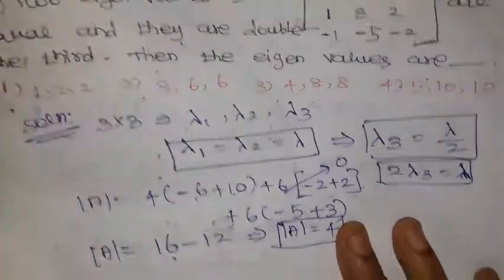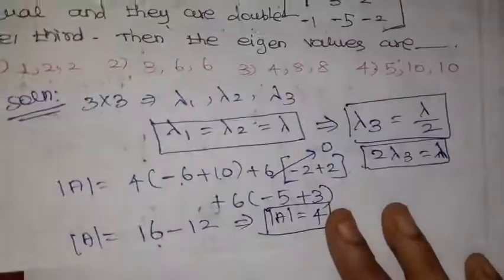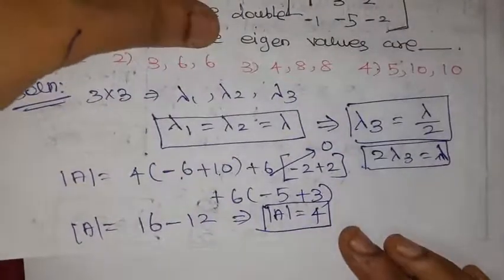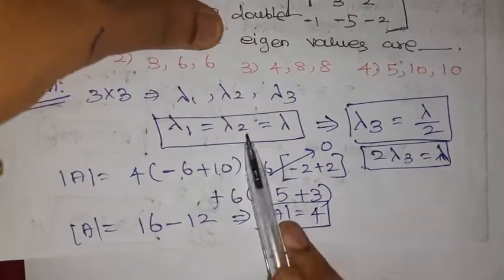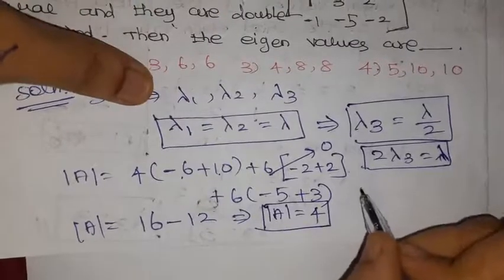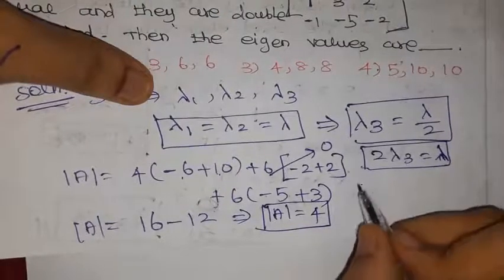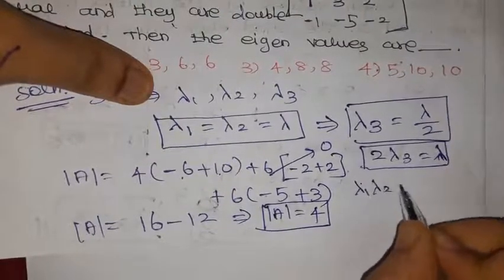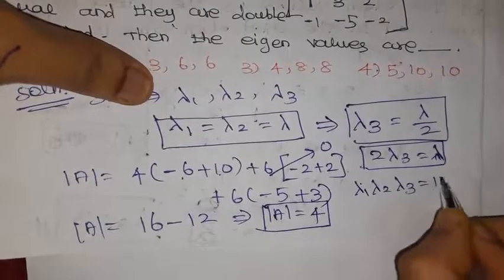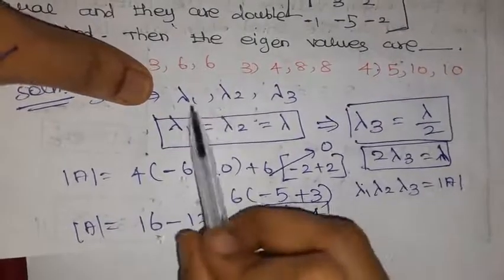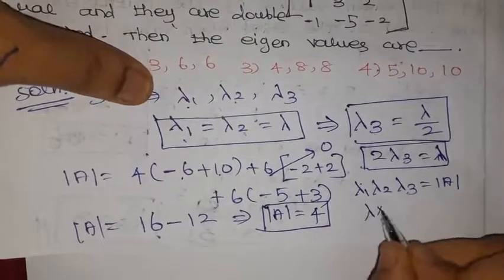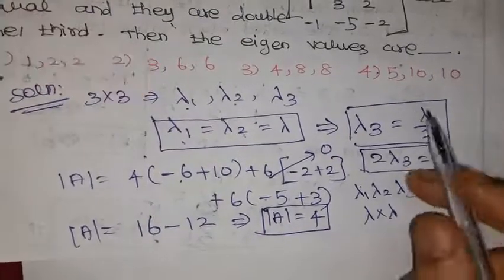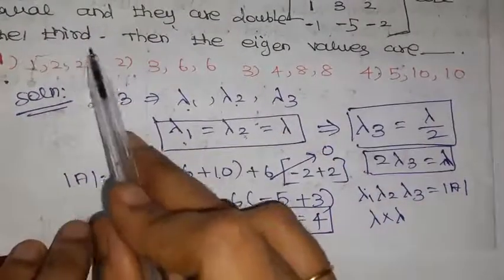We need to find out the 3 eigenvalues. Okay, what is given? We know the property of eigenvalues is that the product of eigenvalues is equal to the determinant of A. So what is lambda 1 lambda 2? Lambda 1 and lambda 2 are equal, and it is double the third.